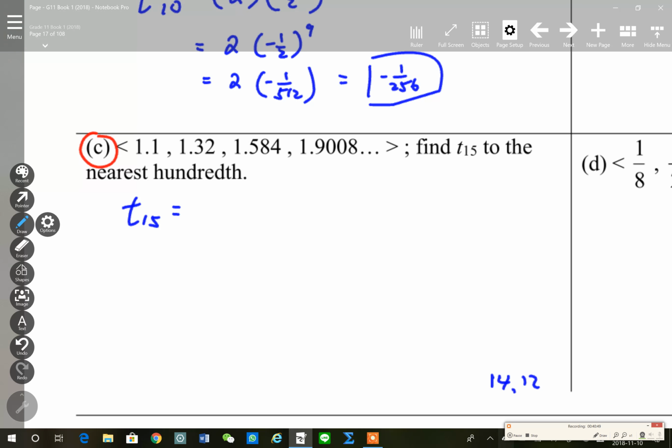Brandon, you said 1.32 divided by 1.1, 1.1 divided by... Oh, okay. Has to be next divided by previous. So the first term is 1.1. 1.2 to the 14, right? 15 minus 1. So you plug into the calculator. Okay, 14.12.